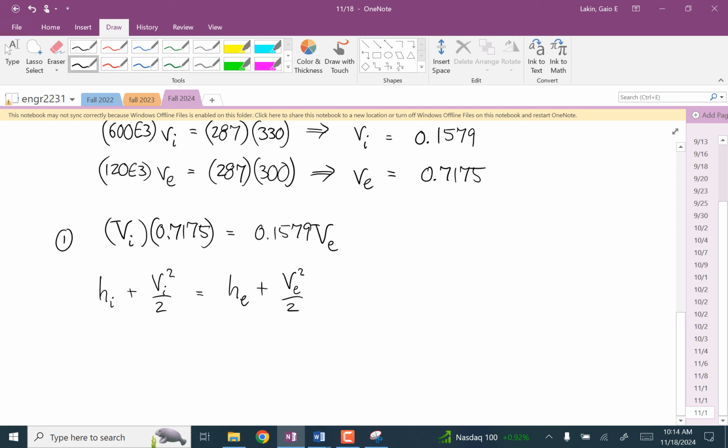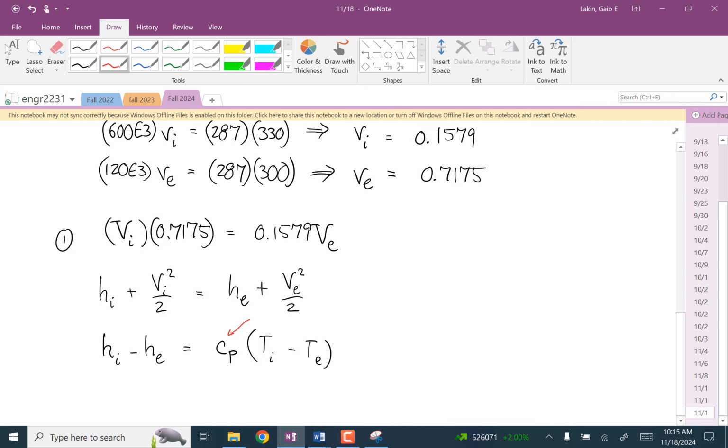And we know that we can calculate those enthalpies. So we can think of hi minus he as equal to Cp times the change in temperature, or I'll write that as Ti minus Te.